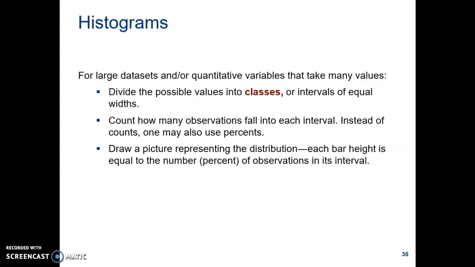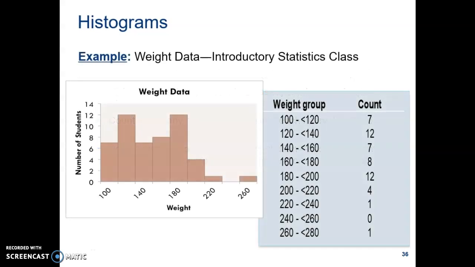Now, if you have something like 50, and you have 25 count, you may change this into a percentage on the vertical axis. 100% in that case, you'd go up to 50%. Anyways, when we do examples, you'll see more clearly what it is. So here we see the number of students. It's pretty clear that from 100, and what's this, 120, 120, 140, 140, 160, and so on.